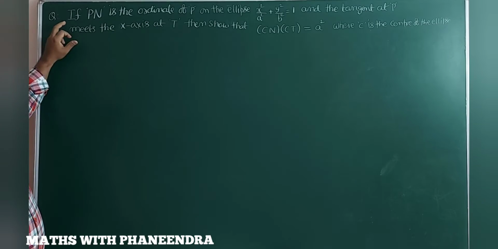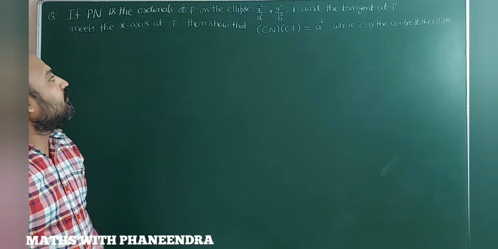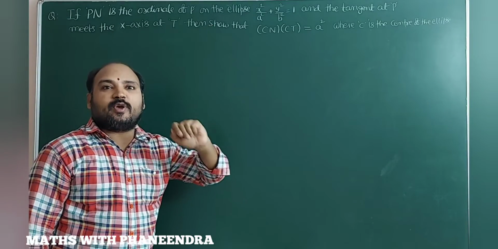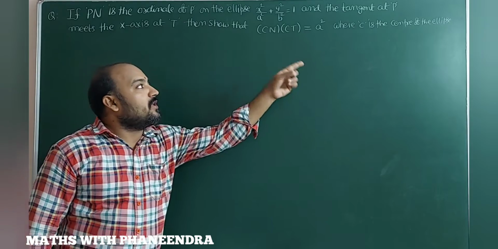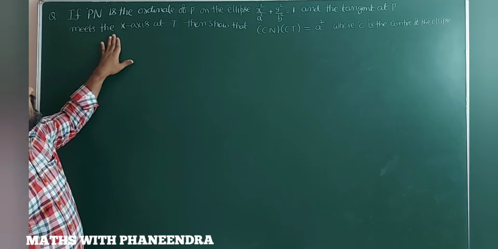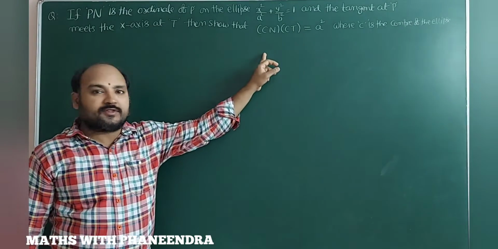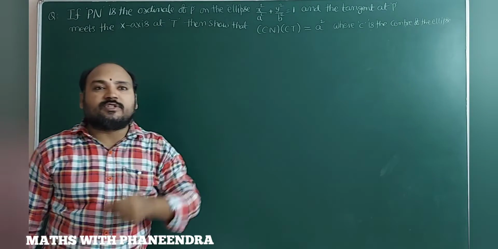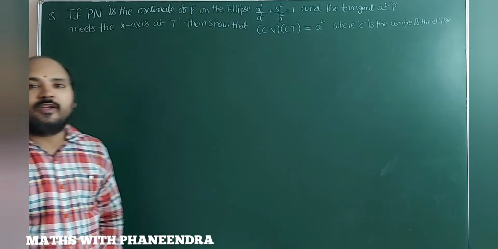Next question. If PN is the ordinate of P on the ellipse x square by a square plus y square by b square equal to 1, and the tangent at P meets the x-axis at T, then show that CN into CT is equal to a square, where C is the center of the ellipse.